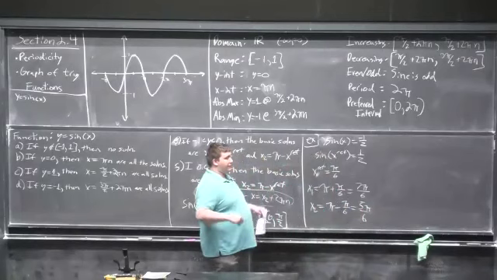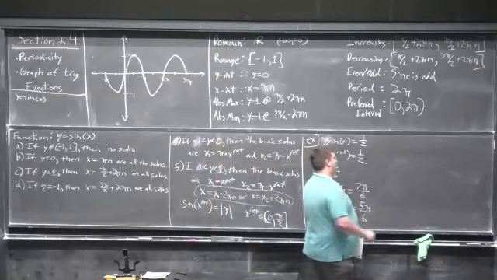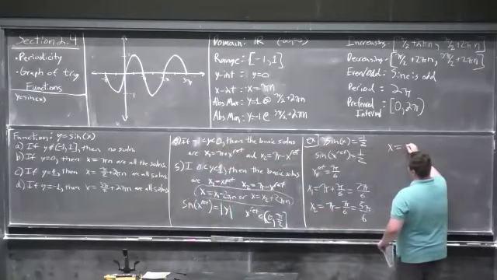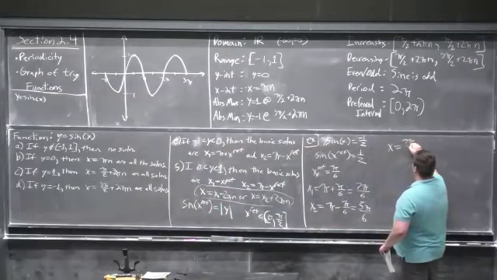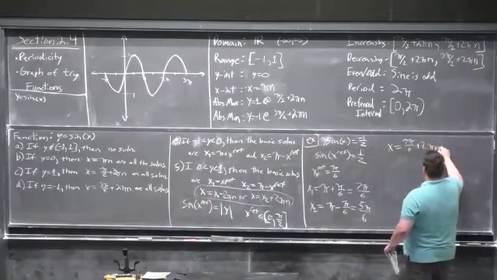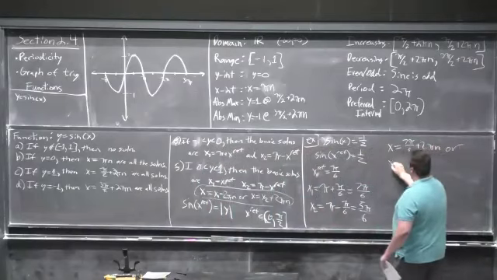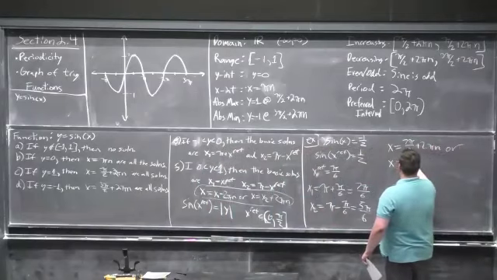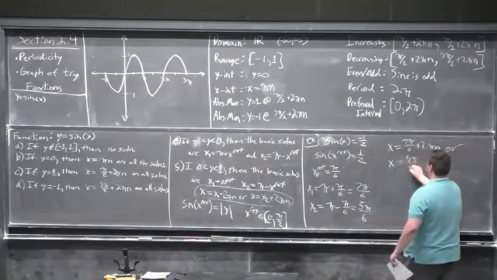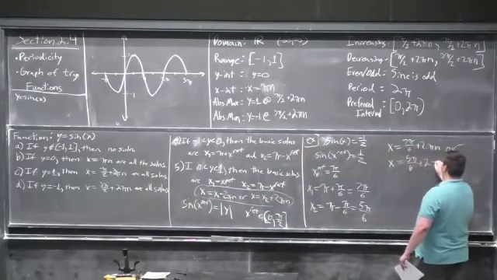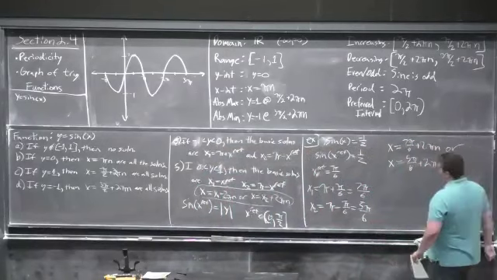And we're going to say x is equal to 7 pi over 6 plus 2 pi n, or x is equal to 5 pi over 6 plus 2 pi n.